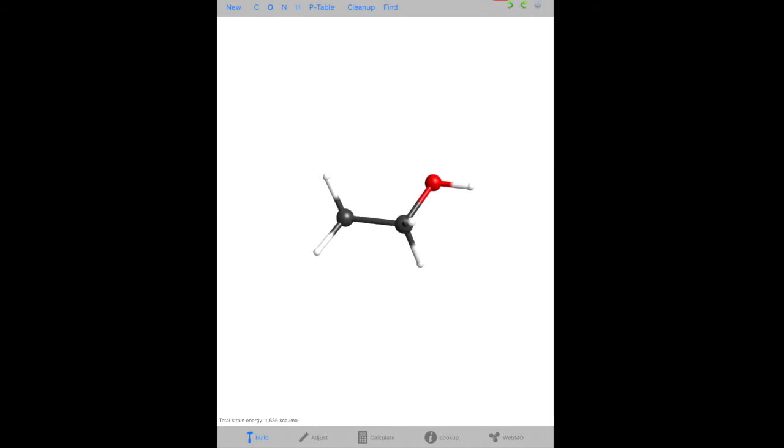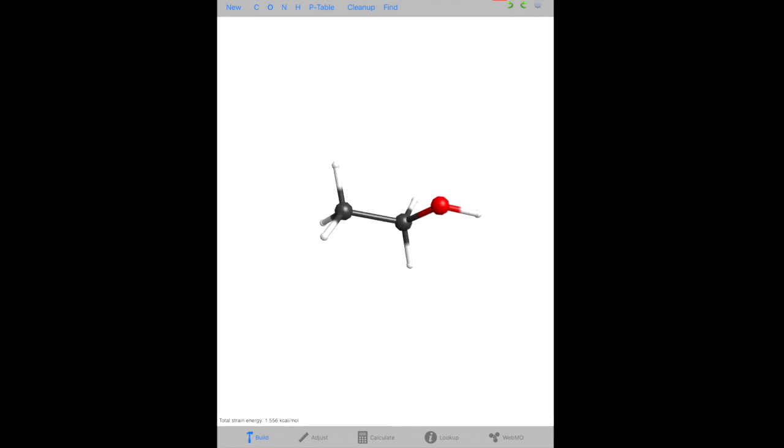It made my bond angles all happy, and it put the hydrogens in there. It even threw in the hydrogen on the oxygen. Now it looks like a cute little animal, a little puppy. There you go. That's an ethanol molecule, right?